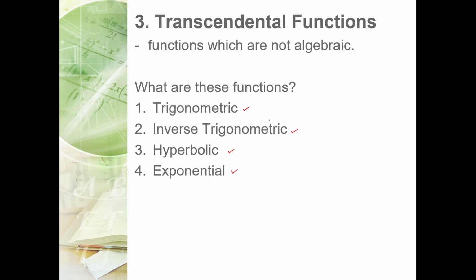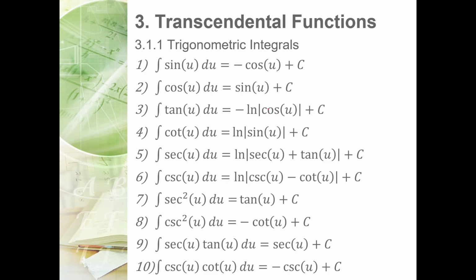Okay, so to start, these are the different formulas for your trigonometric integrals. You may be familiar with some because most of these are just the reverse formulas for your derivatives. To check the familiar formulas coming from your derivatives, we have the first two formulas.